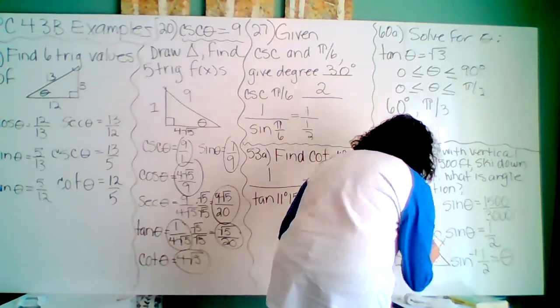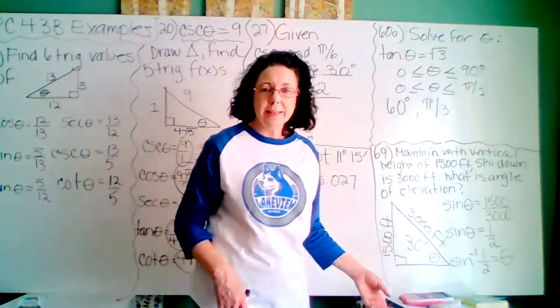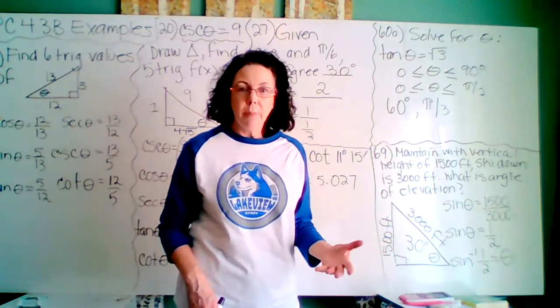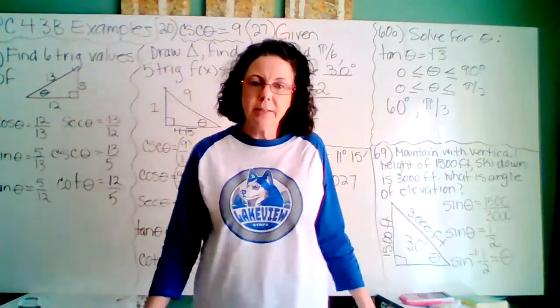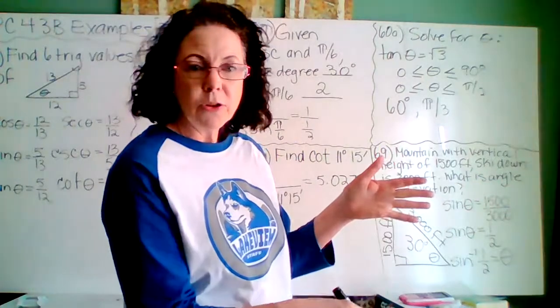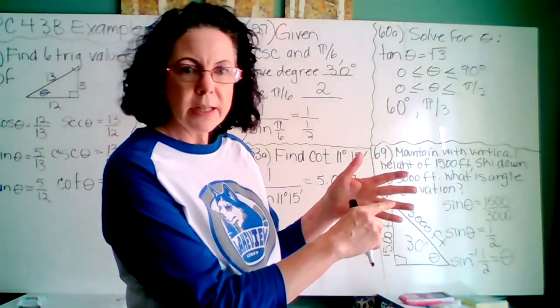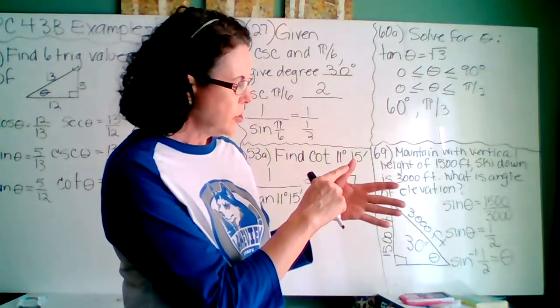Okay. But what I want you to know is I do know where sine is 1/2, right? Many problems like this, you do not have information that's on the unit circle, but here I do. Take a look again. First quadrant, 0, pi over 6, pi over 4, pi over 3, and pi over 2.